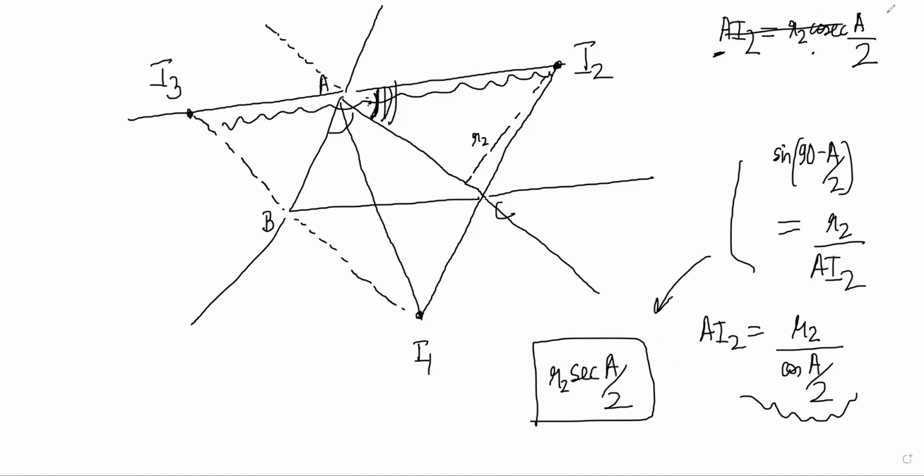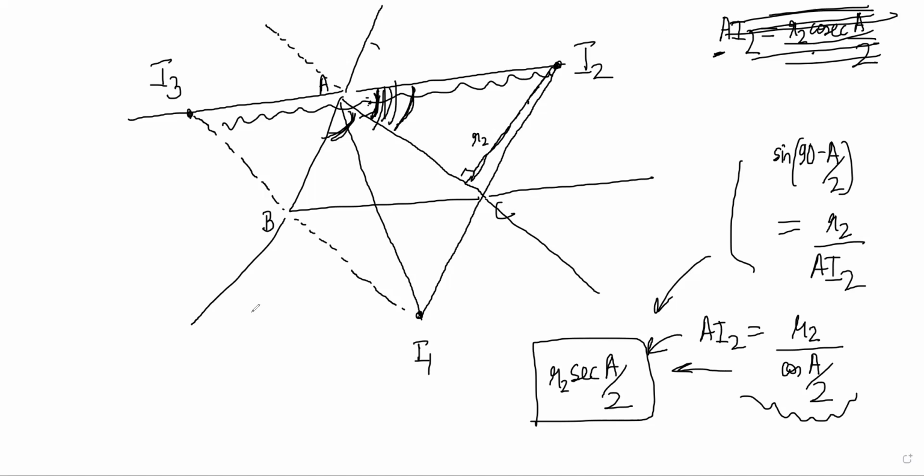You don't have to extrapolate formulas. If you are not sure, then don't try to guess the formula. Just do it geometrically, right? This must be R2 perpendicular and this angle must be 90 minus A by 2. I'm doing sine of this angle, which is 90 minus A by 2, equal to R2 by AI2. So AI2 is this, right?